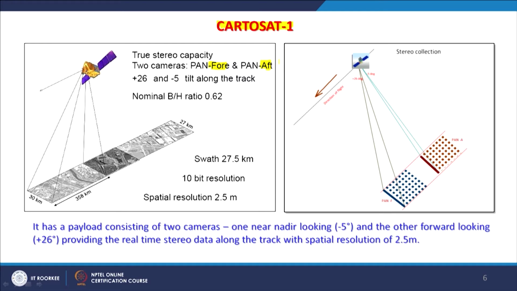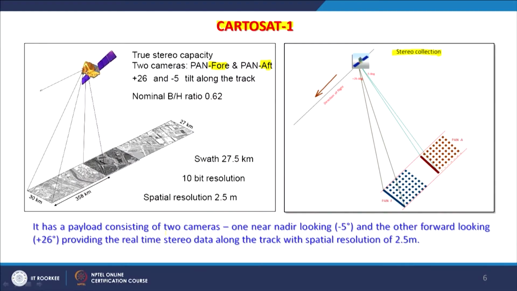So, when it keeps doing like this, you are getting data almost at the same time, and differential cloud cover or other meteorological conditions will not have any significant role. Whereas in case of SPOT, it was a real challenge to get completely identical meteorological conditions in both photographs of a single stereo pair. But in case of Cartosat, it is possible.